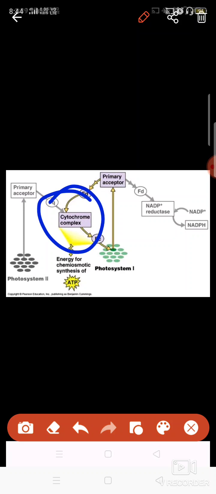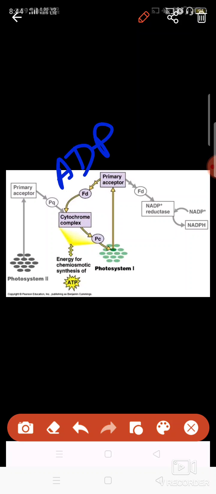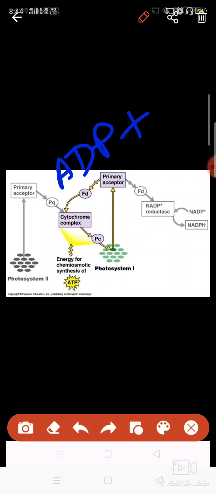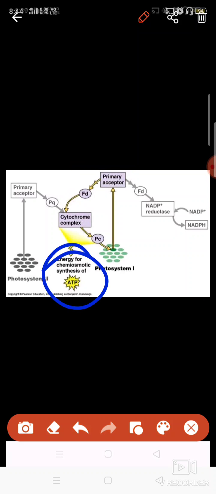So this electron, this energy, is passing on to different kinds of substances, and when this conversion is carried out, ADP combines with one more phosphate group and forms ATP. So during the electron transport chain, one molecule of ATP is formed.